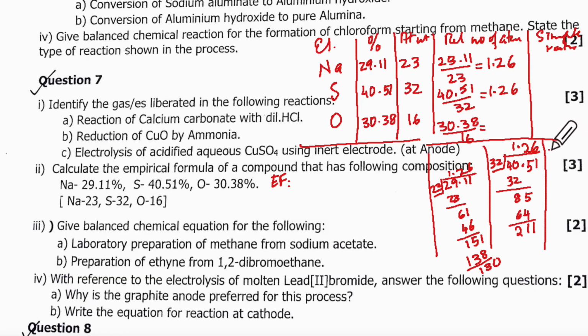16 is dividing 30.38. 16 ones 16, so you have 20. 14 remaining.